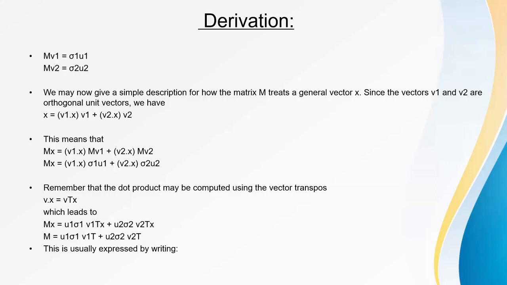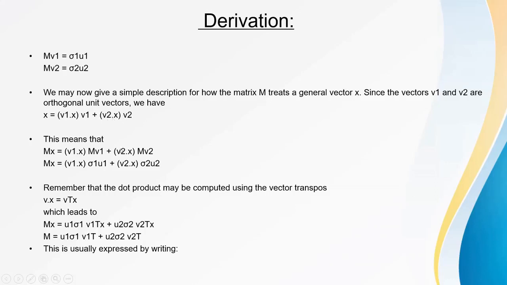And now if there exists a vector x in original graph, then we can take components of x along v1 and v2 using the equation x is equal to (v1 dot x) v1 plus (v2 dot x) v2, and by multiplying m on both the side we get the next equation.